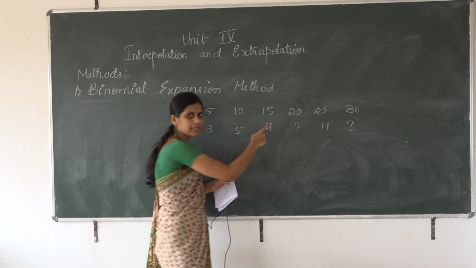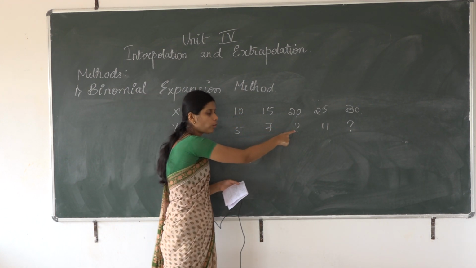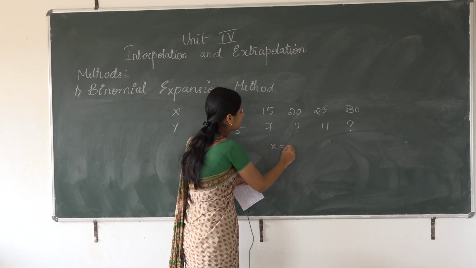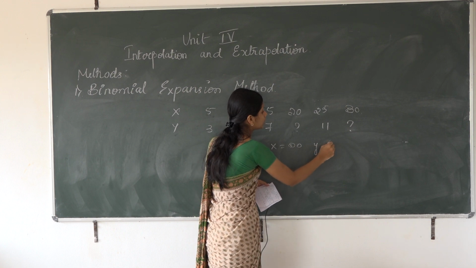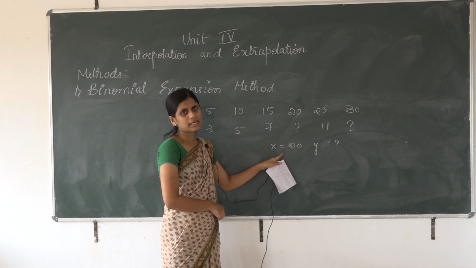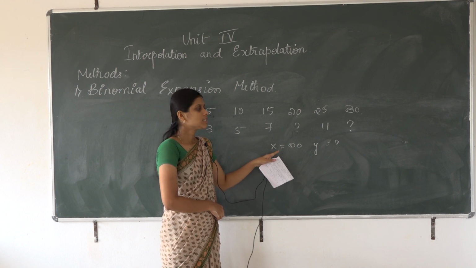Here, which one do you have to estimate? The value of y where x is equal to 20. When x is equal to 20, what is the value of y? This can be interpolated under the binomial expansion method.